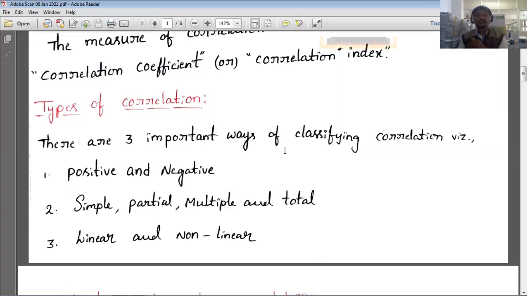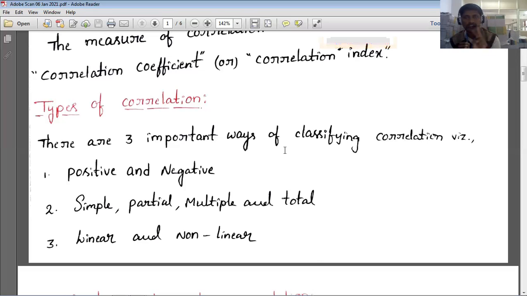And next, simple correlation, partial correlation, multiple correlation, and total correlation. Simple correlation is when we are discussing only two variables. A simple example: if you are discussing only wife and husband, that is a simple, small family, only two things.